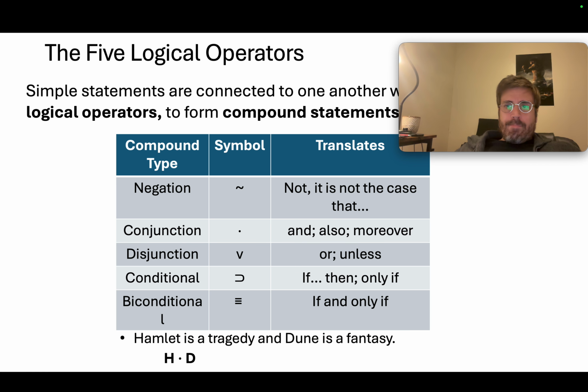Sometimes this can be confusing for students because that English sentence has so many different associations and connotations packed into it, and yet we're able to boil it all down to just three symbols.